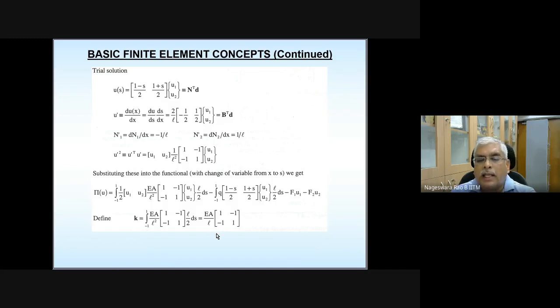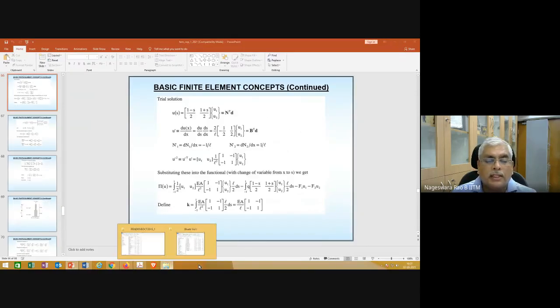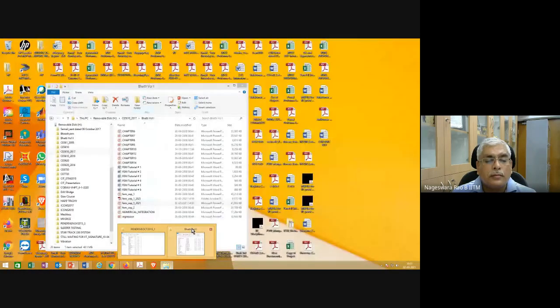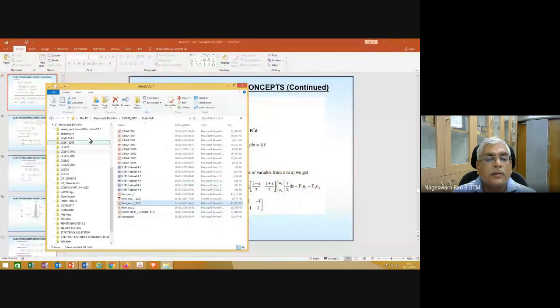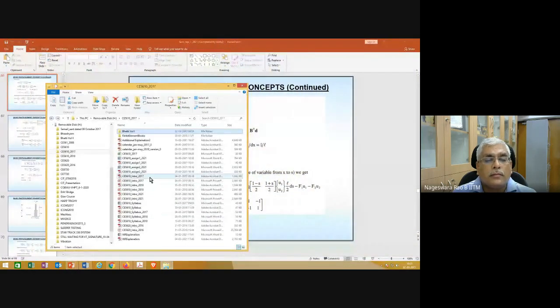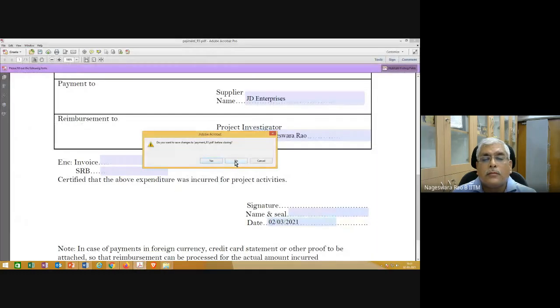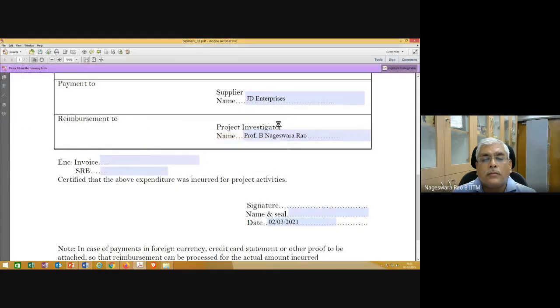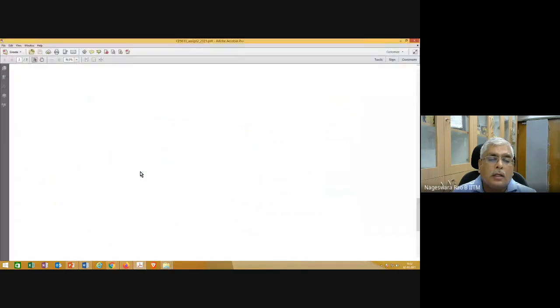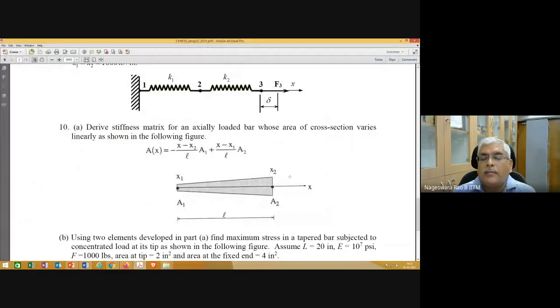And you can see in assignment 2, problem number 10, the cross-sectional area is linearly varying.